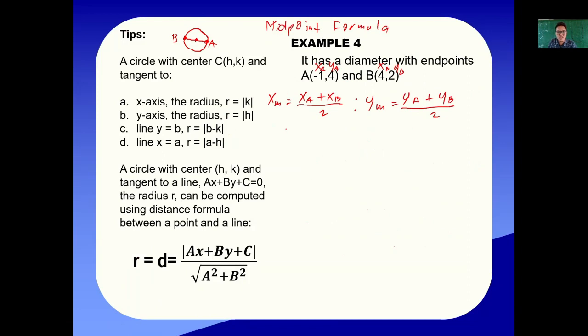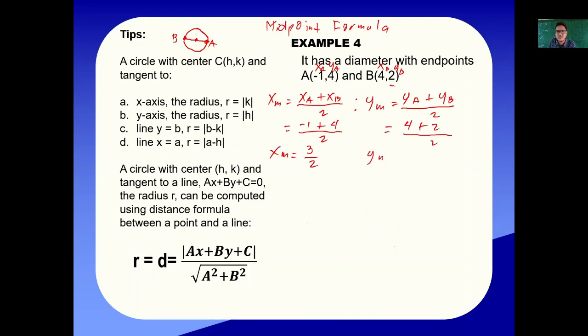Then, substitute. Our x sub a is -1 plus our x sub b, that is 4, all over 2. Our x sub m, or the midpoint for x, is 3 over 2. Next, for y midpoint, y sub a, that is 4, plus y sub b, which is 2, all over 2.